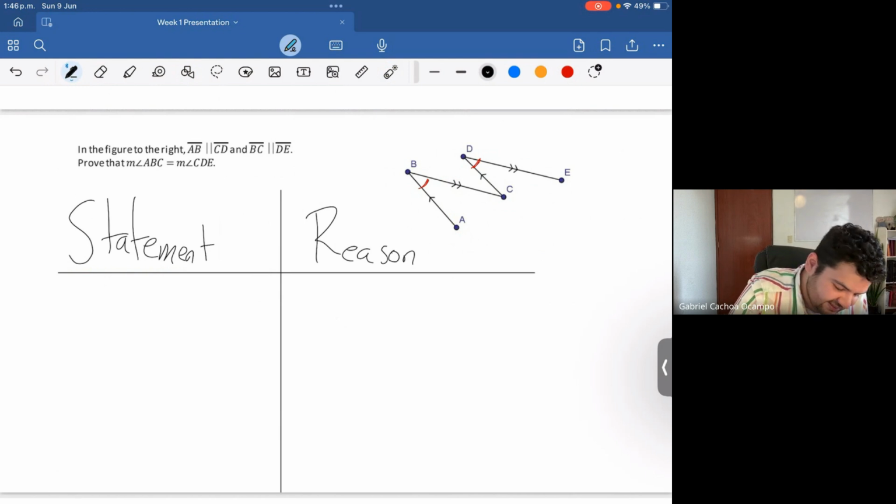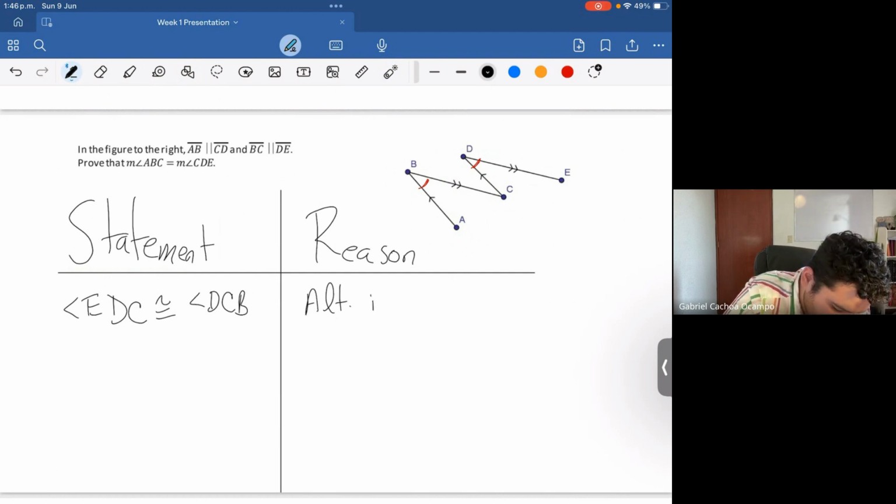Angle EDC is congruent to angle DCV because they are alternate interior angles. Then angle DCV is congruent to angle CVA.